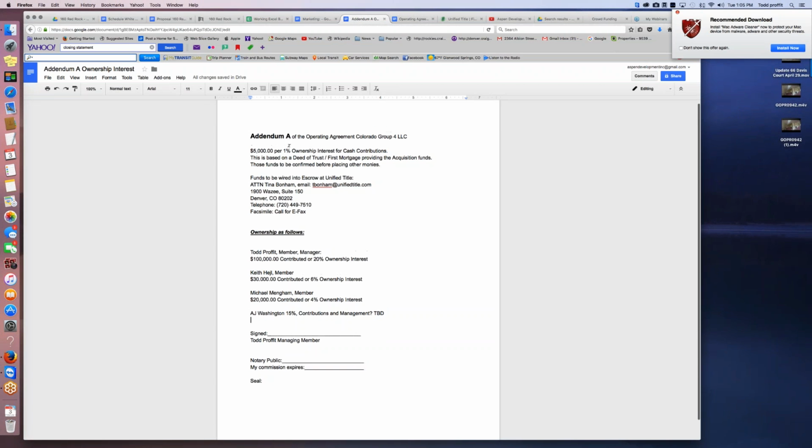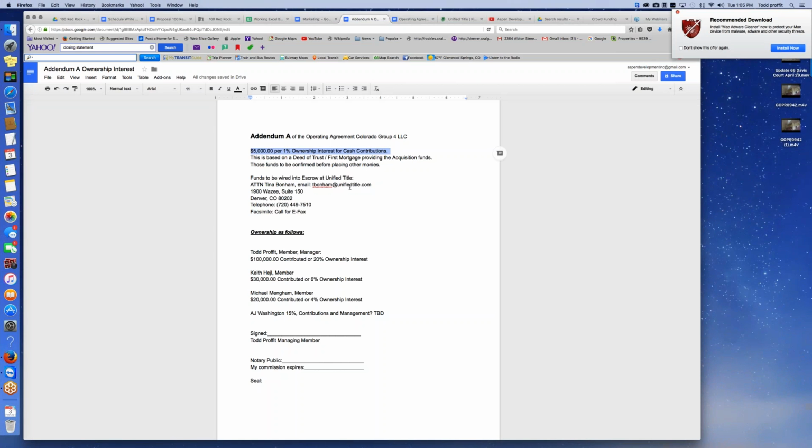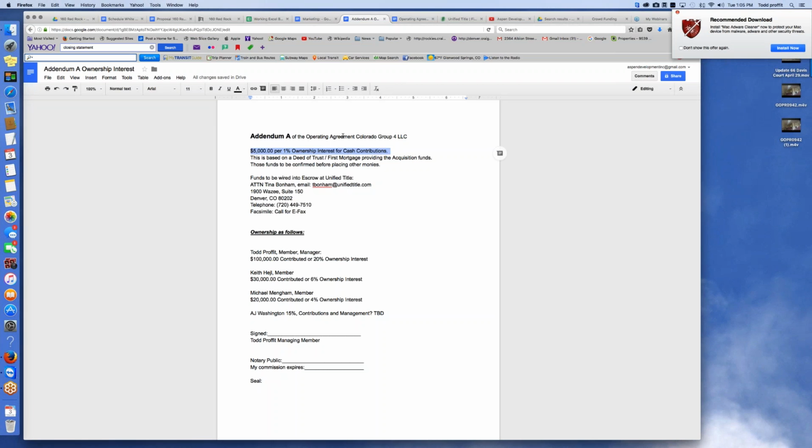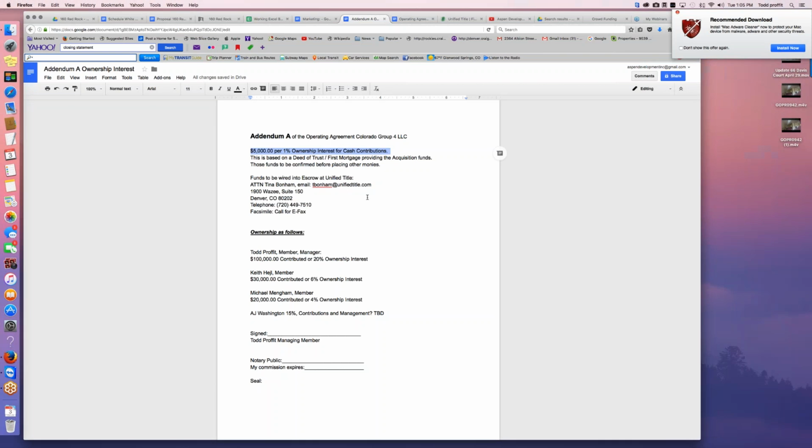and then that takes us into the addendum. So how we place our security with our owners, our investors. In this case, it's $5,000 per 1% ownership interest for cash contributions. And this addendum goes with the operating agreement that I was discussing with you last week. So the operating agreement states how everybody's getting paid, the management of the company, which is just for the property, right?